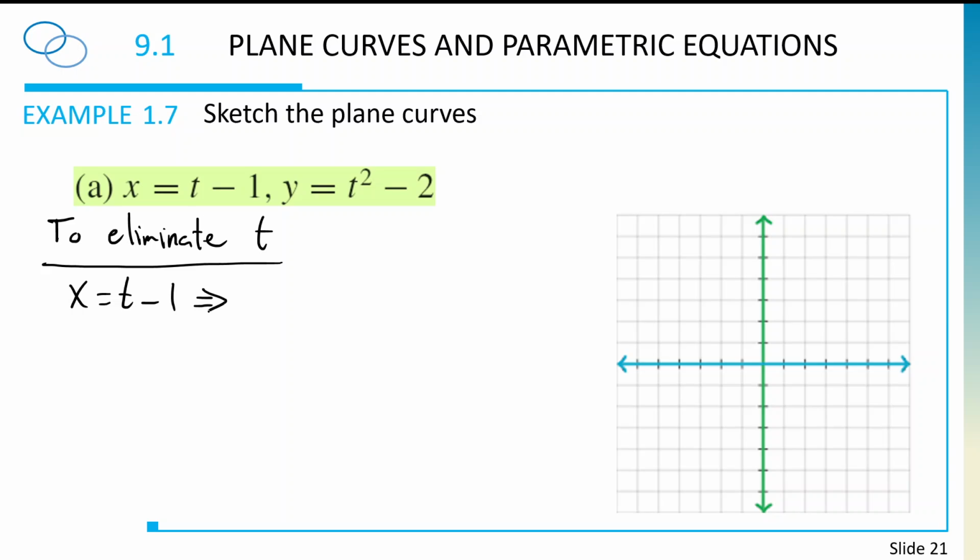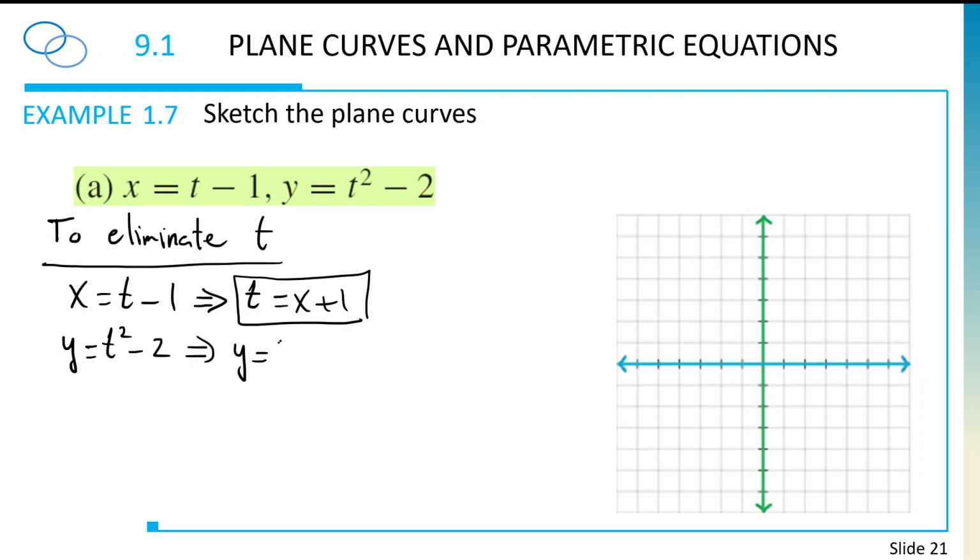If I solve for t, this implies that t equals x plus 1. Now I substitute this value in the second equation in terms of y. So y is equal to t squared minus 2, which means that y is equal, now instead of t, I replace x plus 1. Don't forget to use brackets. (x plus 1) squared minus 2.